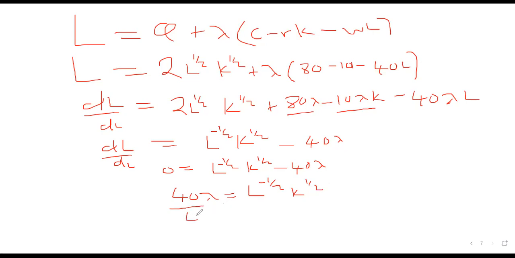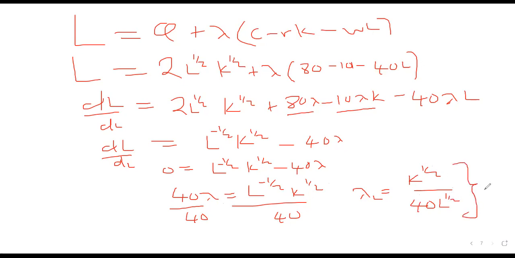So when you divide both sides by 40, our lambda here for the labor will be K to the power half over 40 L to the power half. So this is equation 1. I've just brought this L down because under indices, anything that is negative will go down there. So far, we're together?